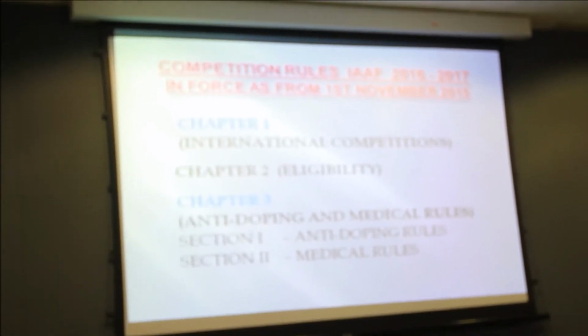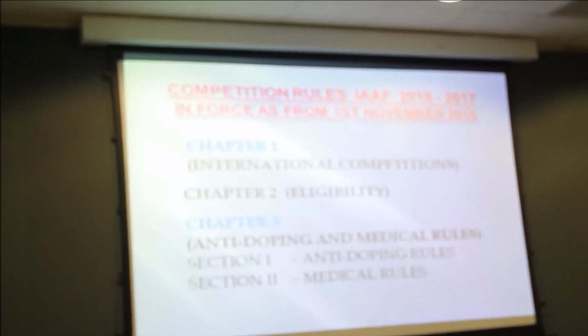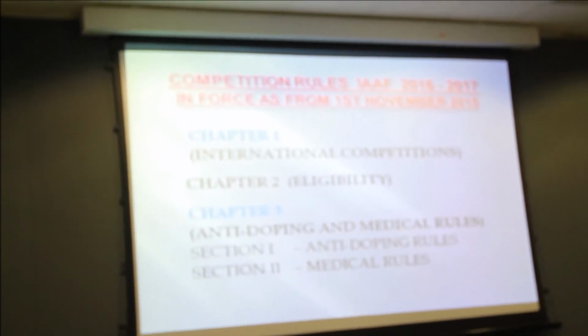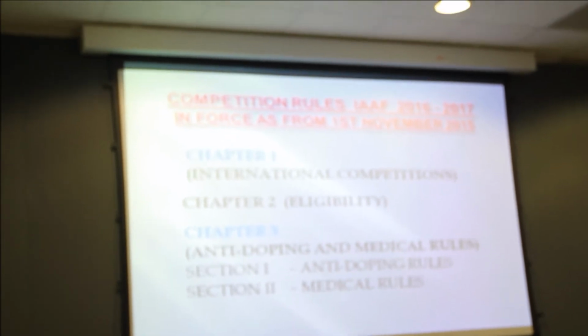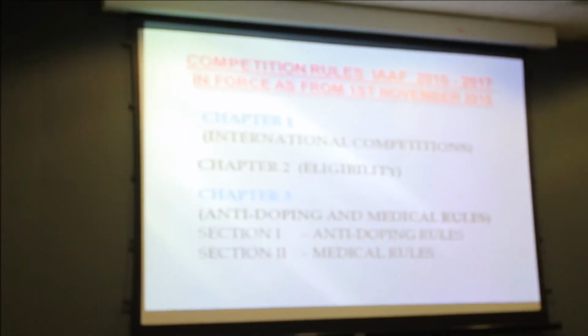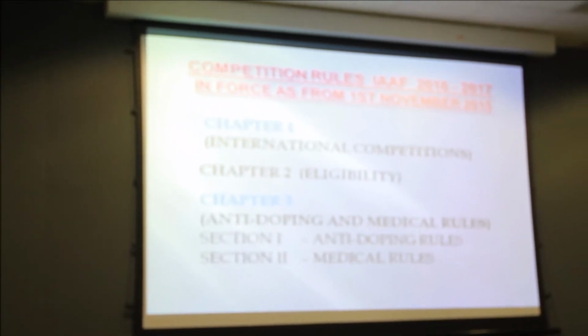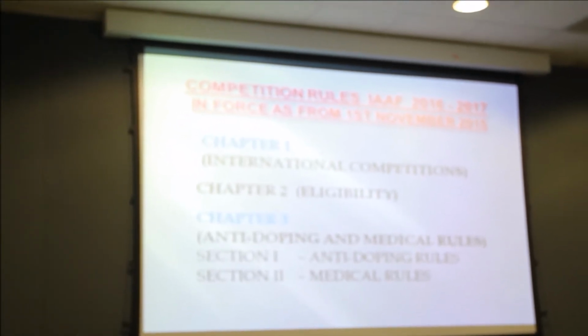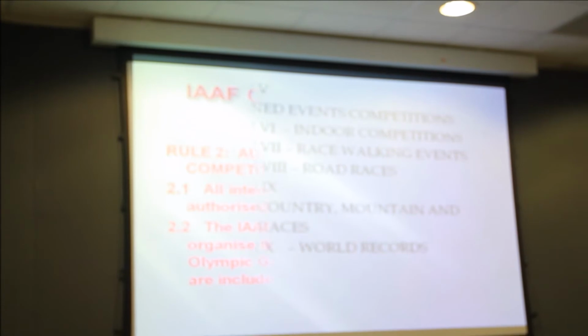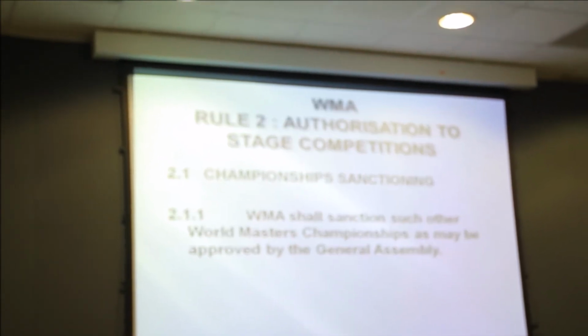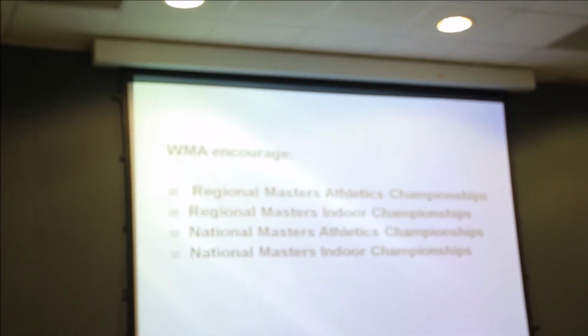That means 27 Asian countries are affiliated to Asia Masters Athletics. So we always follow the rules and regulations in the WMA handbook. The IAAF and WMA handbooks are almost the same. I won't talk about all of this. I'll just go to the important parts.